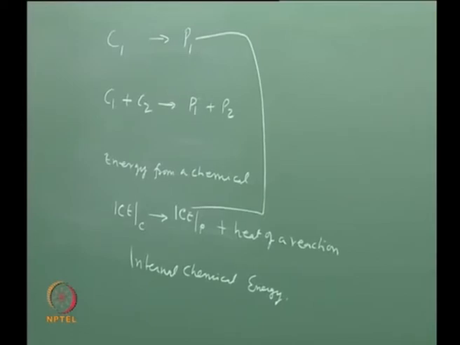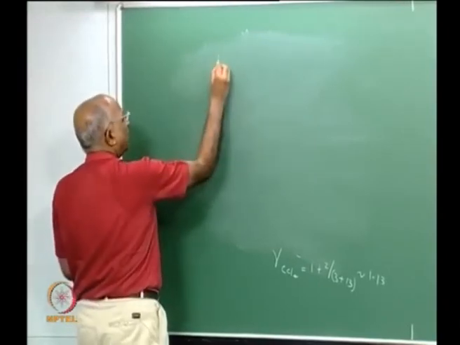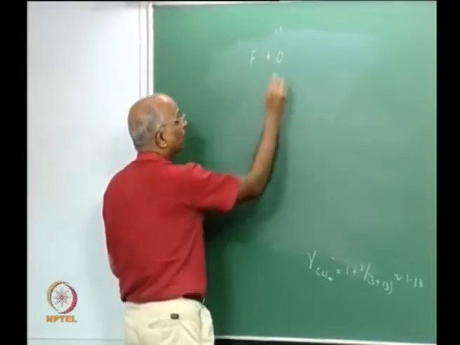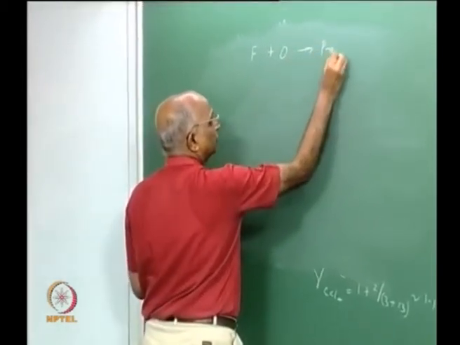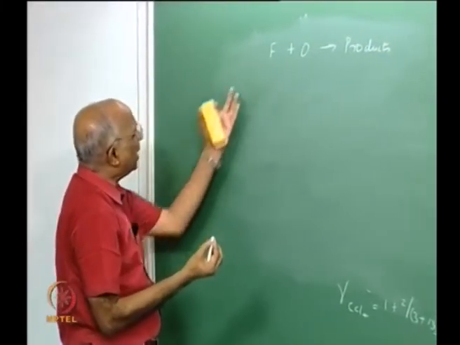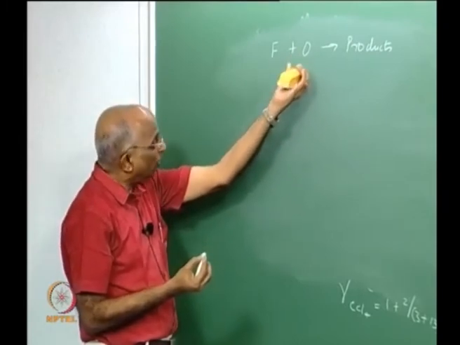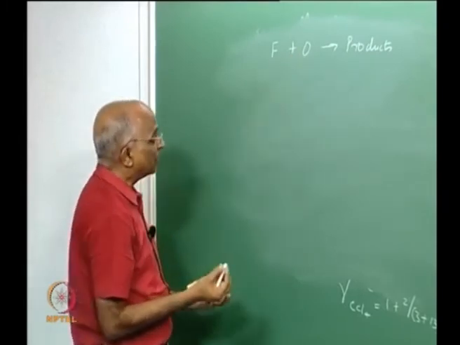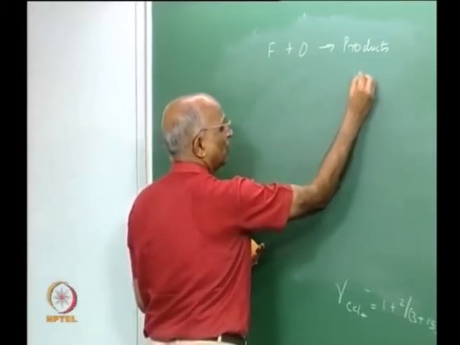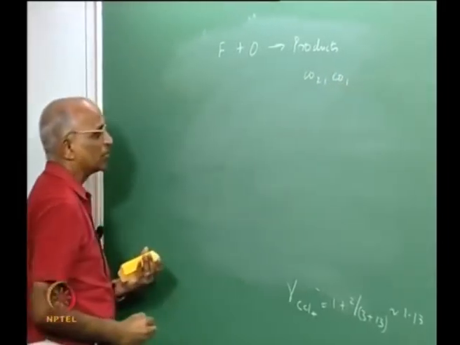Let us say, now I slightly expand myself, say I have a fuel F and I have an oxygen O, and this gives me products. Fuel could be any fuel, maybe I take wood as a fuel, oxygen from the air as oxidizer, and I get products like CO2, maybe CO, some more of these substances.